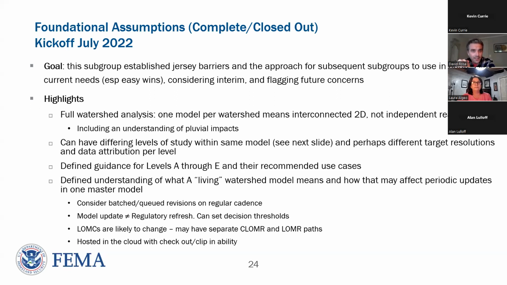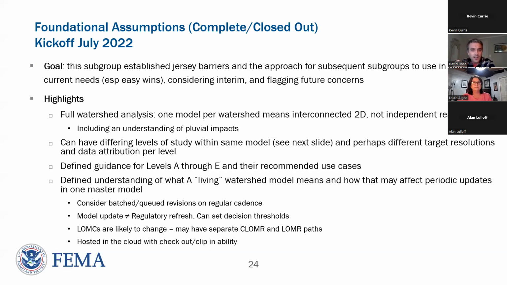So some of the highlights that came out of the foundational assumptions subgroup of the 2D integrated project team was this idea of a full watershed analysis, trying to move away from creating disposable models or recreating models over and over, creating a single watershed per model, so you don't have independent reaches.